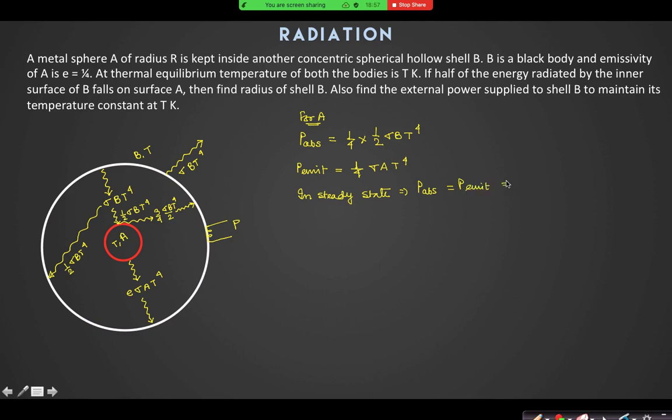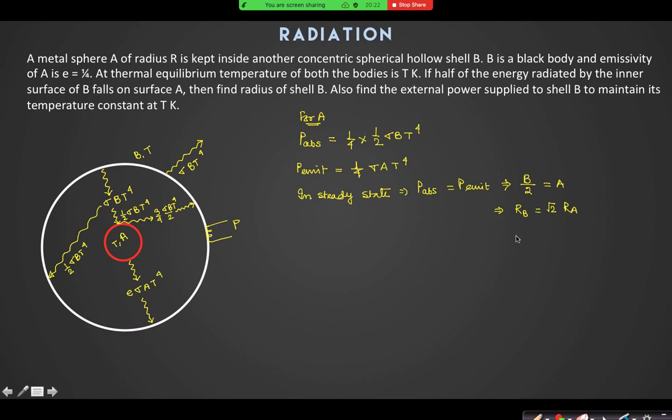Then 1 by 4 T power 4 sigma will get cancelled out. So can I say B by 2 is equal to A? So the radius of B is equal to root 2 times the radius of A.